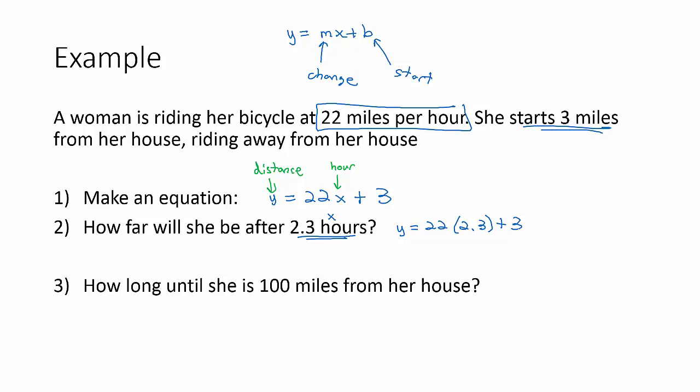And that's going to tell us y, the distance she is from her house. Probably need a calculator for 22 times 2.3. That's 50.6. Plus 3. So she is 53.6 miles from her house after 2.3 hours.